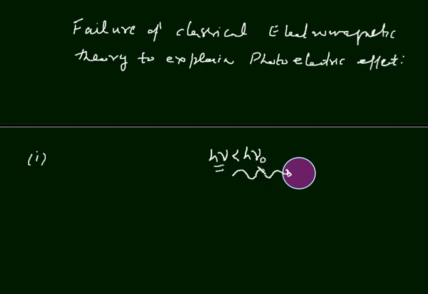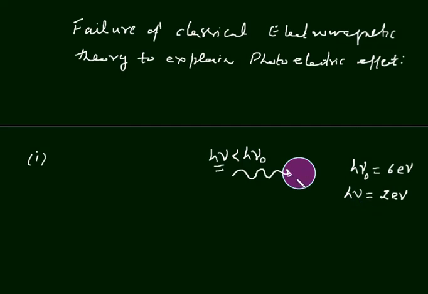Suppose this required energy is 6 electron volt and the incident energy is 2 electron volt. But this metallic surface will go on absorbing this energy. Initially it has absorbed 2. The process is continuous.